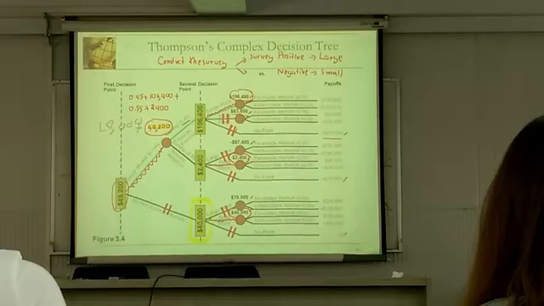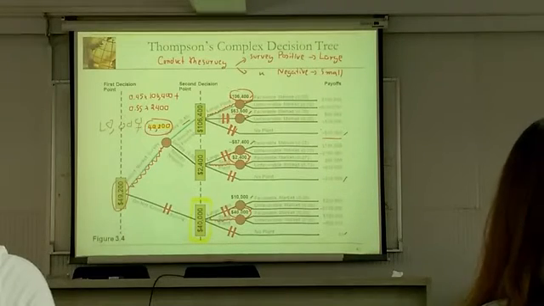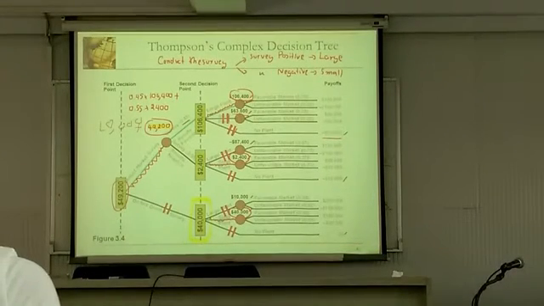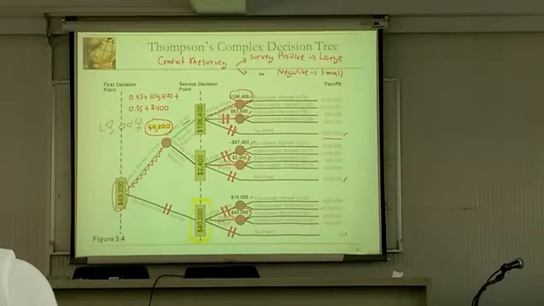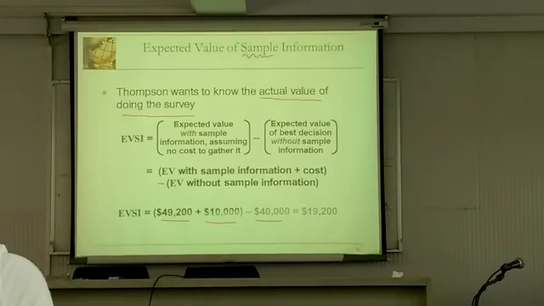Right, so that's how it's done. It shouldn't be that difficult to compute. When you look at the decision tree, it's easier to use this number plus the cost of the survey and then subtract that number, compared to what each term really means.